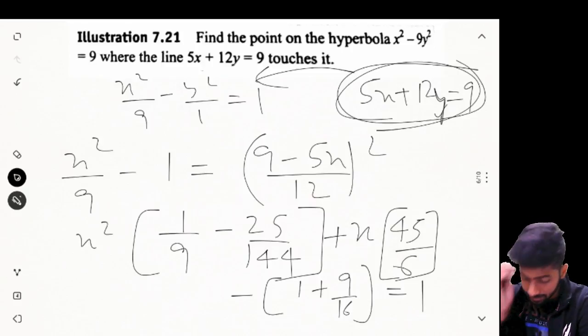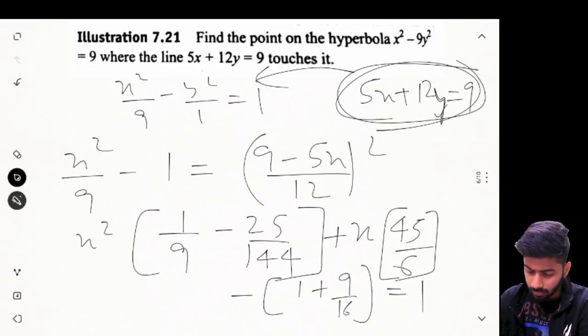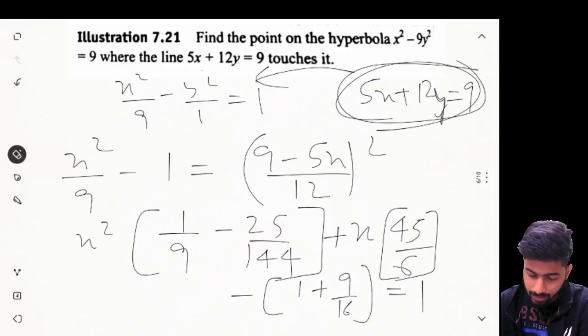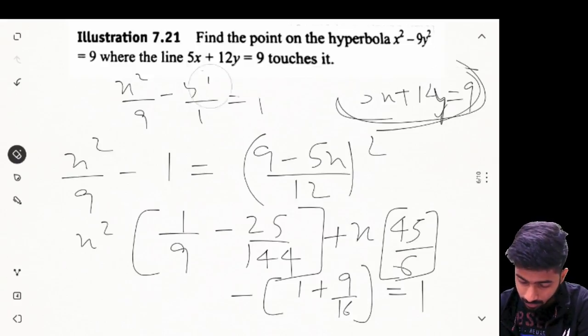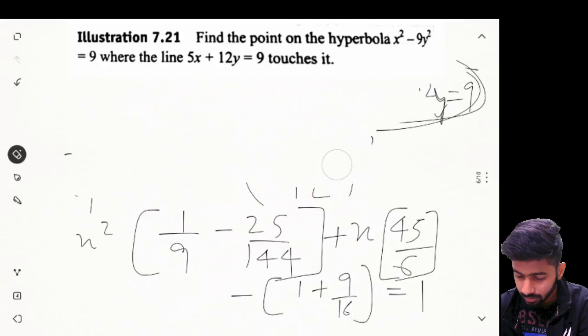So simplifying this, obviously, what you have is, yeah, the equation seems to be right. So I can straight away get the x coordinate by applying this formula.